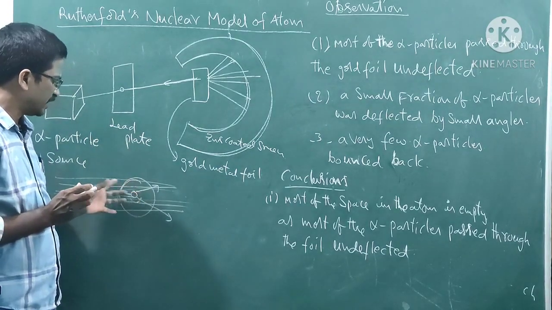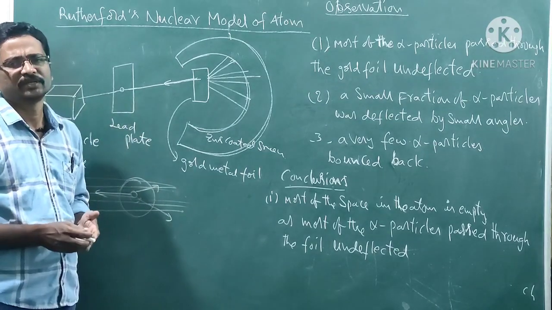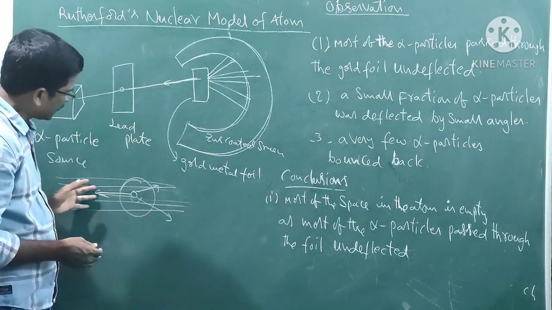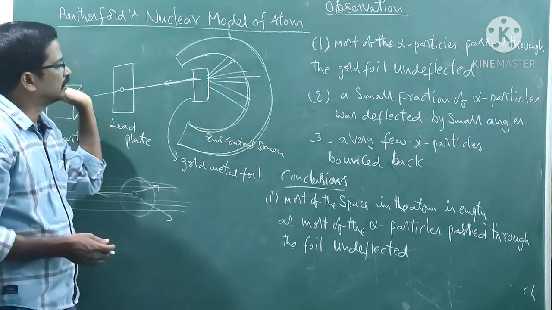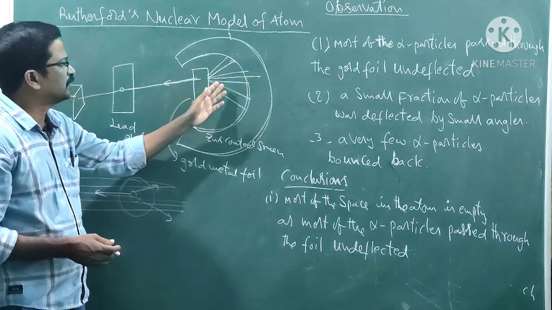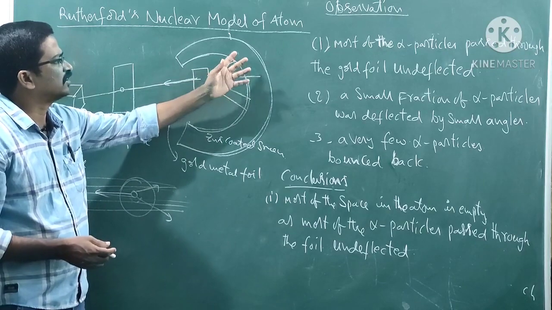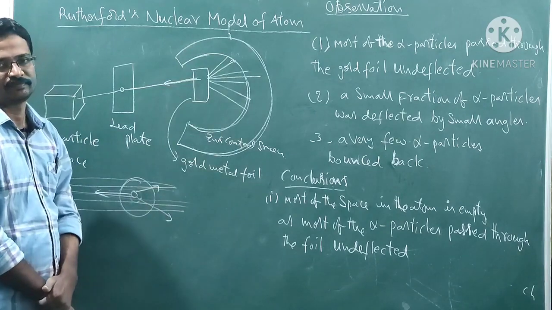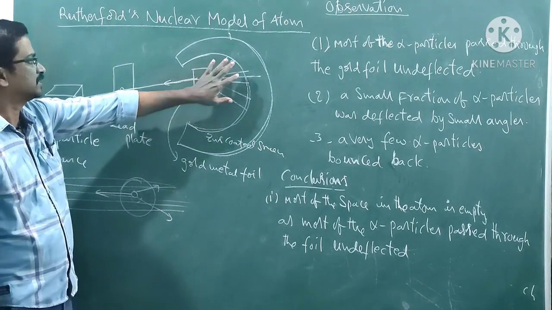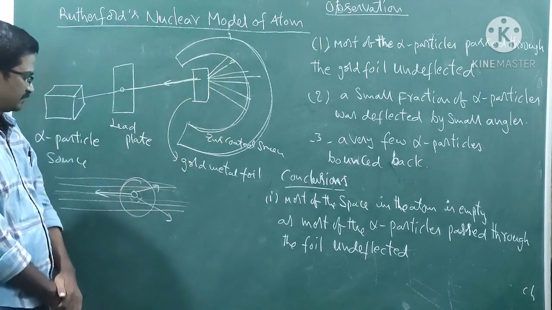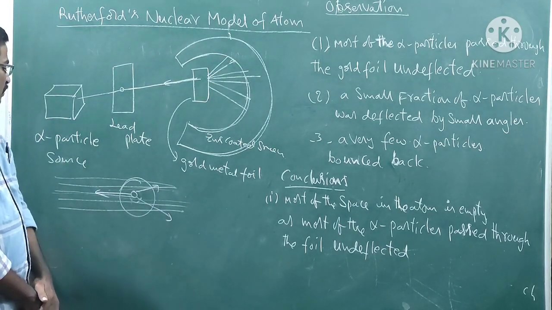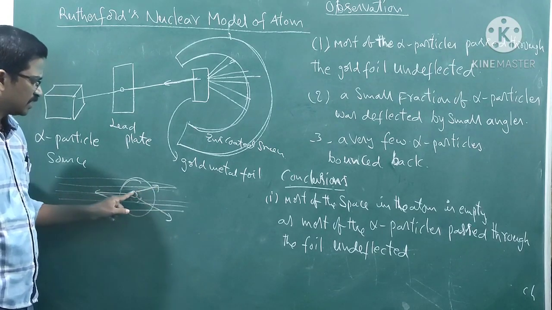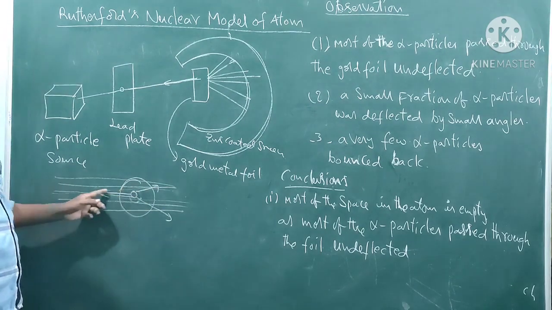The remaining part of the atom is empty. So whenever an alpha ray comes to the atom, it goes straight out of the metal atom and strikes the zinc sulfide screen. Only a few are deflected like this, and very few come back.